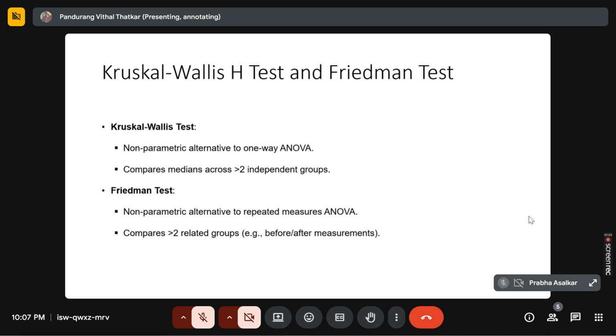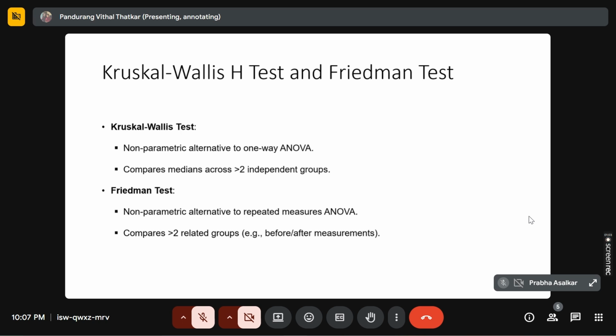When we have more than two groups, but the assumptions of parametric tests do not hold, we can go for the Kruskal-Wallis test. If assumptions hold, we can go for one-way ANOVA. Dr. Amrita, generally they ask you this, ANOVA or Kruskal-Wallis. ANOVA is a parametric test for more than two groups.